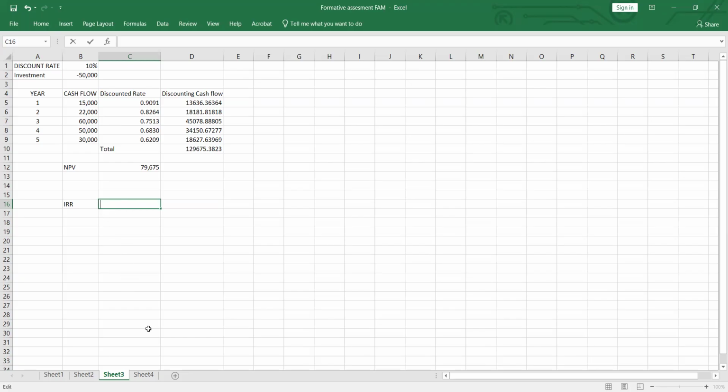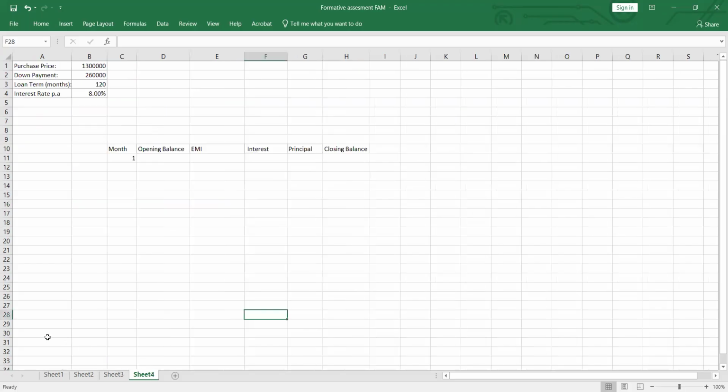We calculate the sheet number 4. This is a case where we have a purchase price of 13 lakh, down payment is 2,60,000, loan term is 120 months and interest is 8%. So we calculate the PMT, the monthly EMI, and the interest payment, the principal and the closing balance. And this is for 120 months.